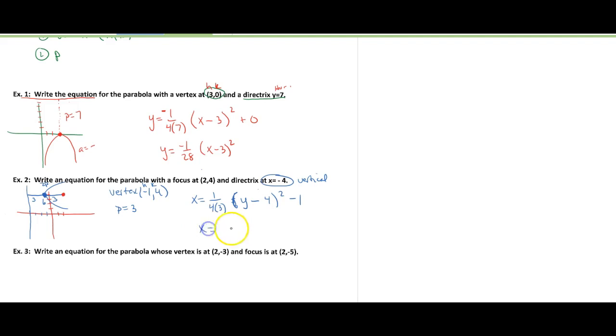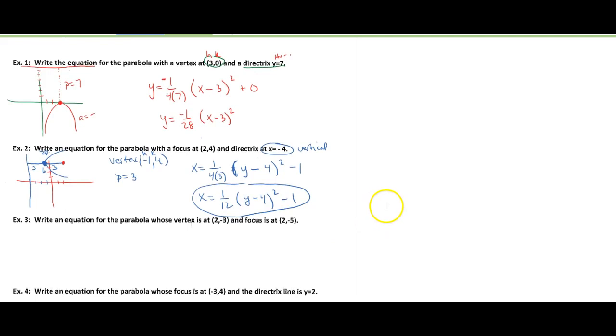So when we simplify this, it's 1 over 12 times y minus 4 all squared minus 1. And right there, you have your equation.